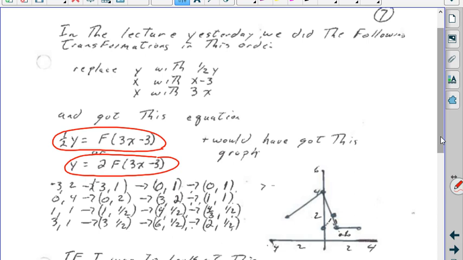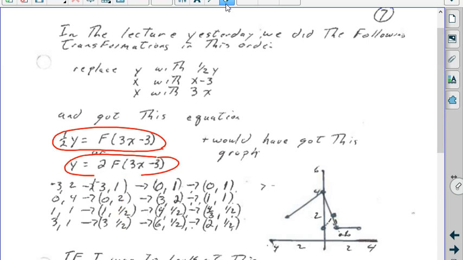So if I do it to these values on my graph here, and I apply a horizontal stretch by 1/3, a vertical stretch by, what did I do? I did a vertical stretch by 1/2, didn't I? Oh, shoot. That's not right.